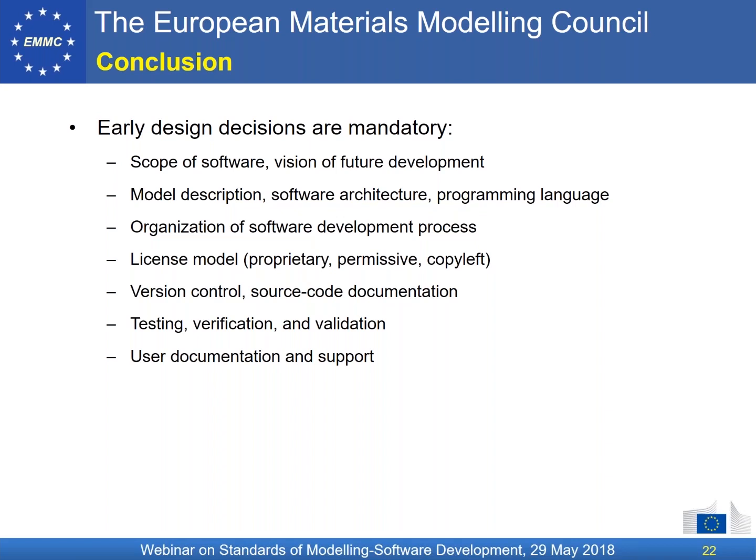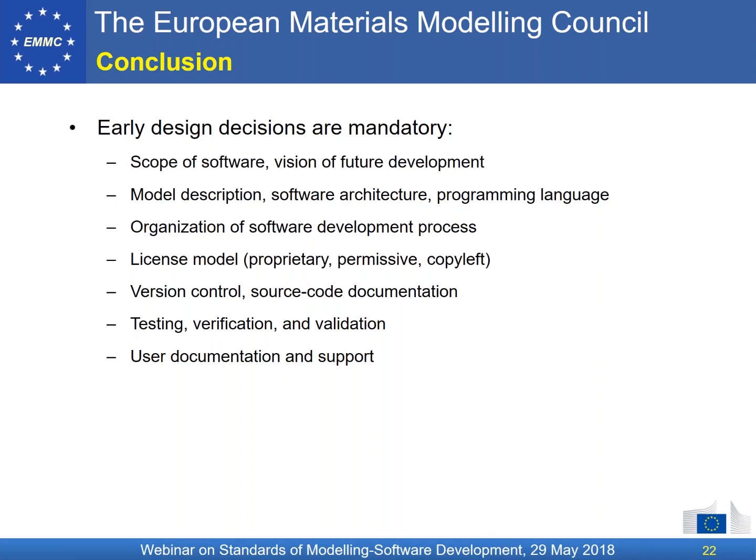So the topics are this: what is the scope of the software? Think about some vision of where it will go in the future. What are the models? How can that be put into a good software architecture, and which programming language should I use?